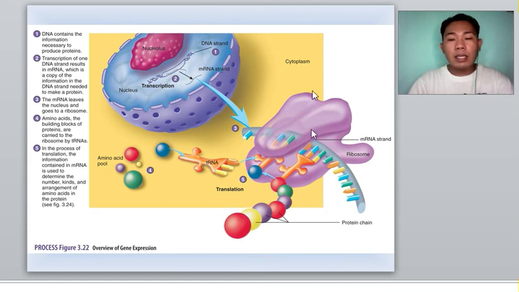That means it is crucial that the transcription inside the nucleus produces a correct mRNA to produce a correct protein, which is needed for the development of traits of the living organism.